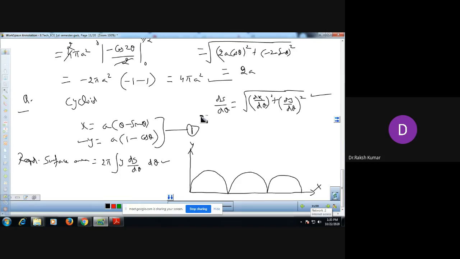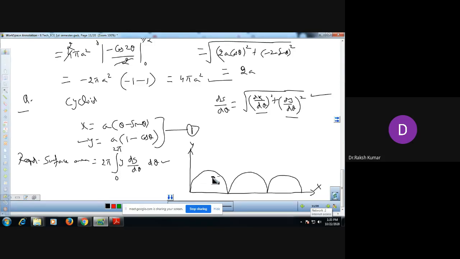The derivative of x with respect to theta and the derivative of y with respect to theta will be substituted here. So you can substitute the values here and find out ds over d theta. Now the question, theta varies from 0 to 360 degrees because it will complete one arc. The first part is complete about the x-axis.